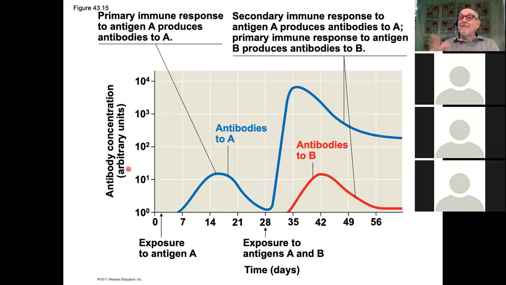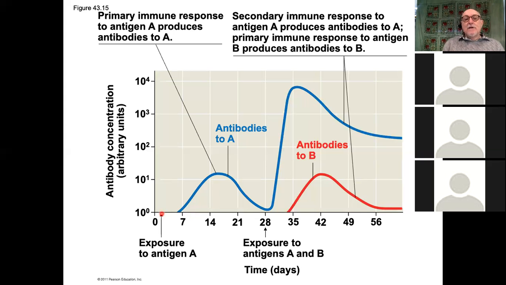It would give an idea of how many antibodies you have circulating against the COVID virus. So that's the antibody concentration there. And this is just time along here in days. All right, so just look at the blue line first of all. And we're going to expose somebody to a particular antigen, antigen A.